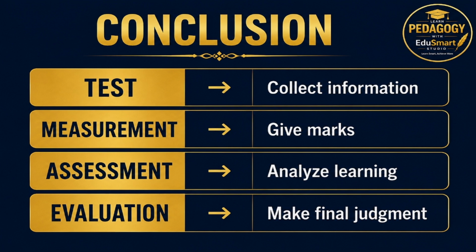For example, the teacher finds a student is strong in addition but weak in division, that is assessment. And evaluation makes the final judgment or decision. For example, the teacher says excellent performance or poor performance. This is evaluation. This is the complete teaching learning process. These are the terms which are used in the teaching learning process.